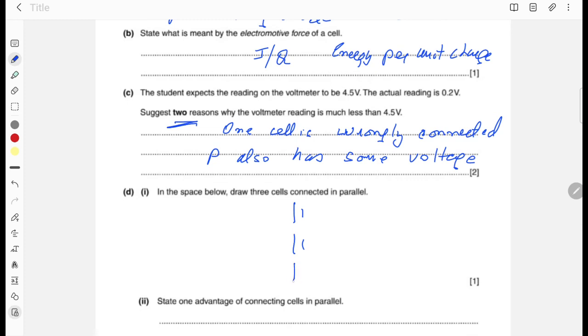So you simply have to draw 3 cells connected in parallel. This is the positive end, this is the negative end of a cell.